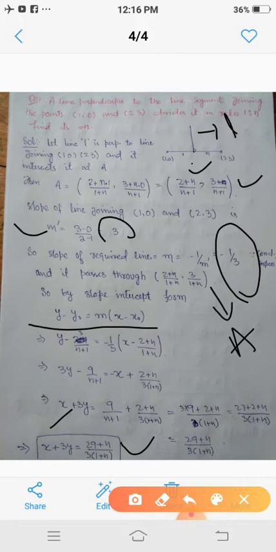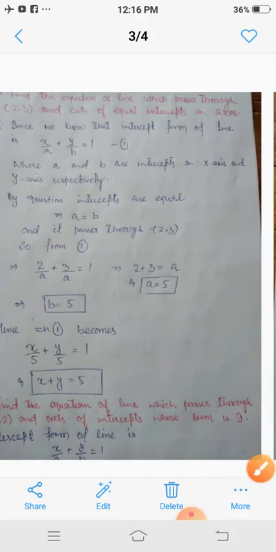So this is the required equation of this perpendicular, which is drawn to the line segment (1, 0) and (2, 3), and it divides this line into ratio 1 is to n.